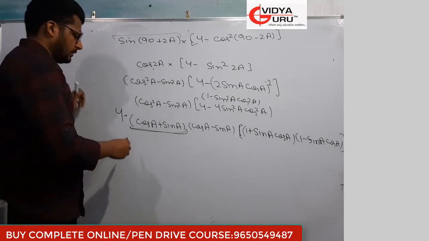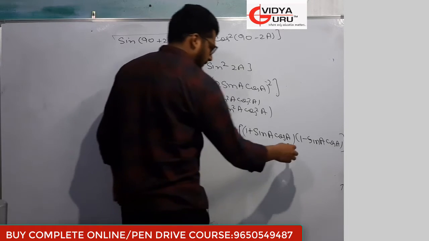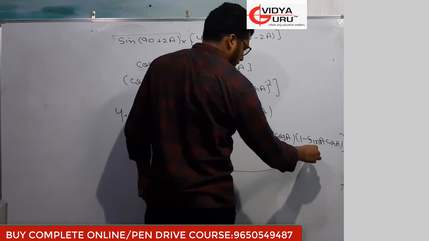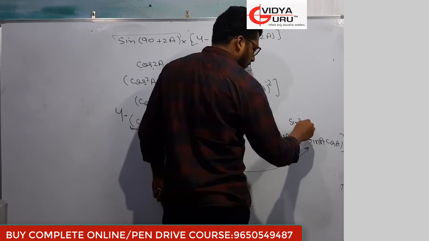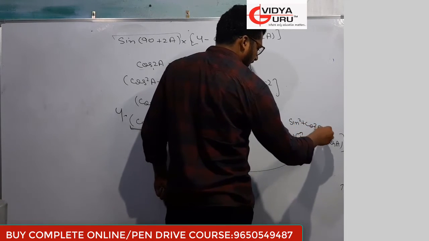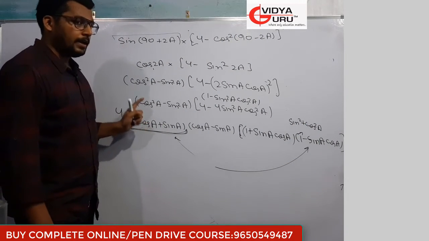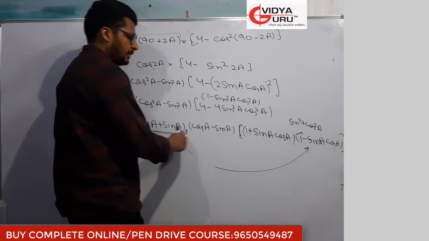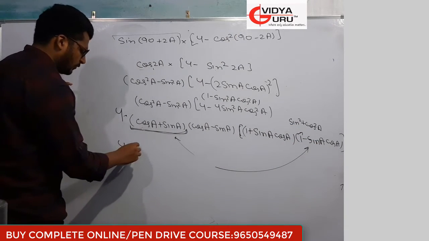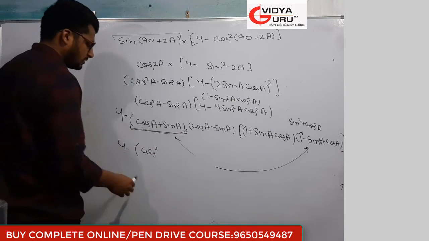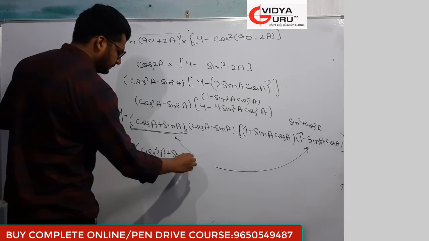Now see carefully, I am taking this a plus b, and with this I am taking this one. One can be written as sin square a plus cos square a, and sin square a plus cos square a is 1. This forms the formula of a cube plus b cube, (a plus b)(a square plus b square minus ab). So these two will form the formula of cos cube a plus sin cube a.